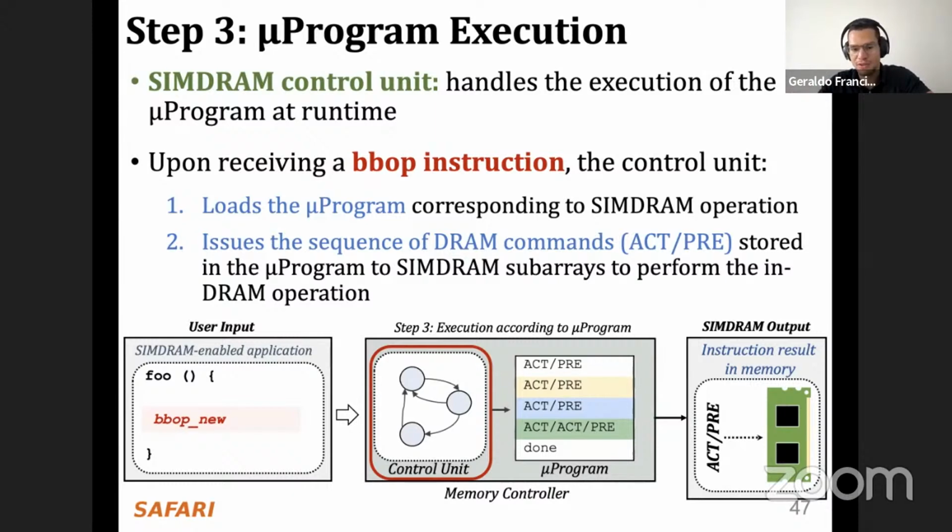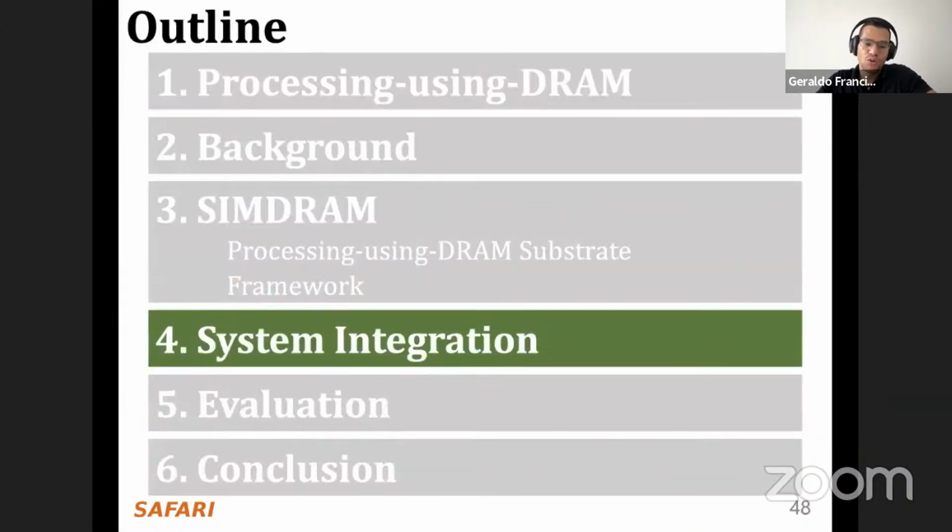So you can do the computations in a bit-serial type of fashion. As I said, in the end, the result of the operation is going to be stored in the memory. So this is the SynDRAM framework. Again, if you have any questions, feel free to stop me at any time.